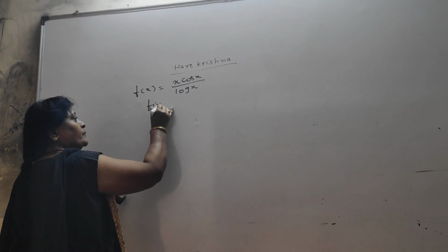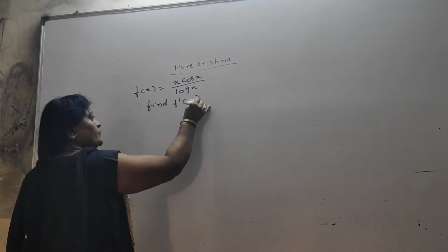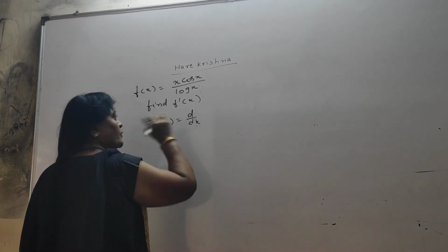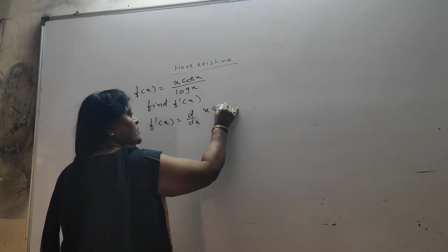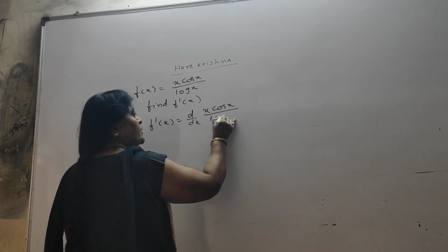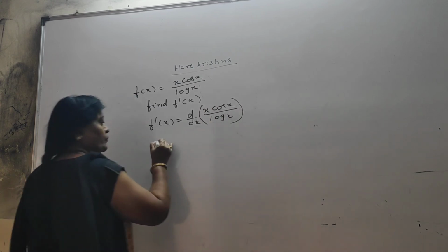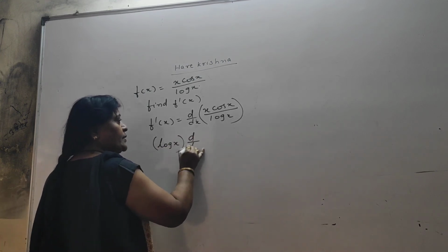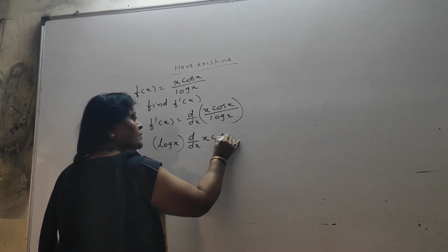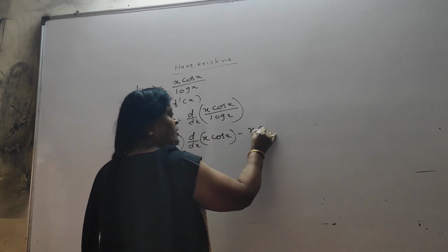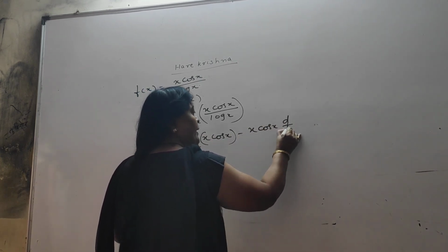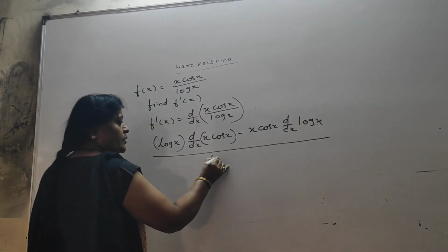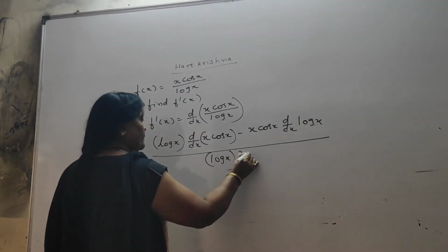Find f dash x. f dash x is d dx of x cos x divided by log x. Again the denominator, log x, remains as it is. d dx of x cos x minus x cos x remains as it is, d dx of log x, divided by log x whole square.